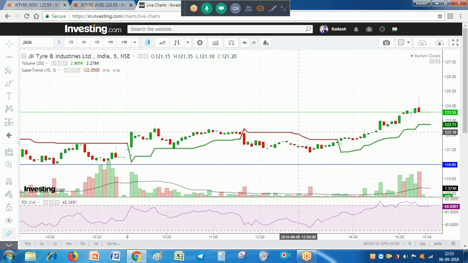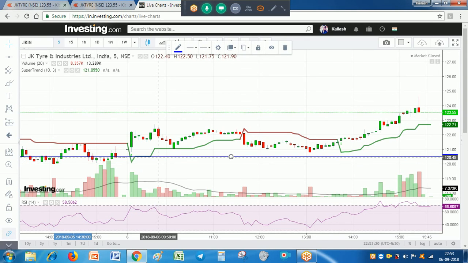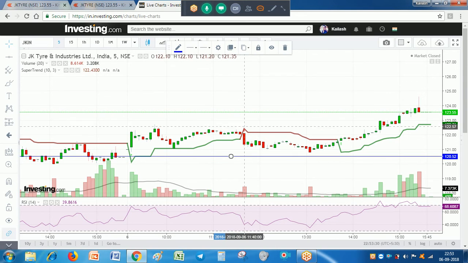I will just shift this line so you can see it, this level friends, 120.50. Nowhere has it given a sell signal that broke the previous stop loss. It has given a sell signal, but nowhere has it broken the previous stop loss. So we can be long in the same stock with the same stop loss.